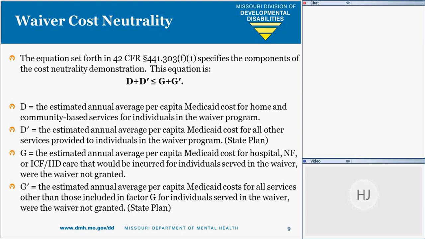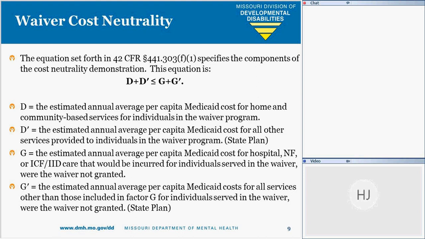So your side is what it costs per person to be in the waiver and their cost of state plan services. You add the two together and it must be less than the cost of an individual living in an ICF/ID and their state plan services. So as you can see, it's not just the waiver costs that are compared to the institution cost, it also includes the state plan costs on both sides.